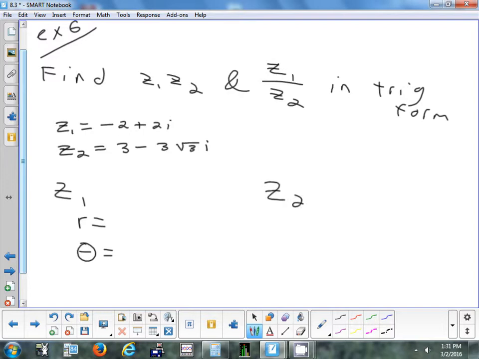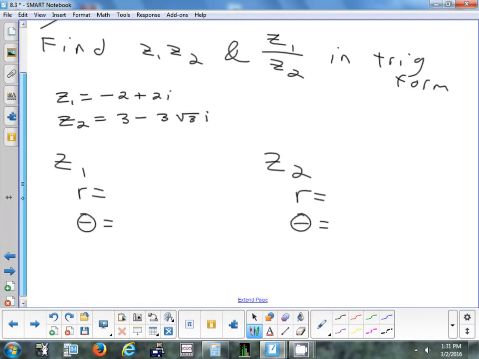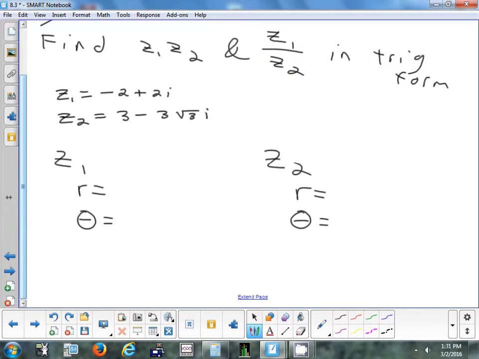Next step, find the radius for Z2, which actually comes out nice despite it looking kind of messy. It's a nice number. And then find the angle for Z2. After you write these in trig form, I want you to do what we just did. Multiply them and divide them. I'll give you a few minutes to try that. If you get stuck, just let me know.